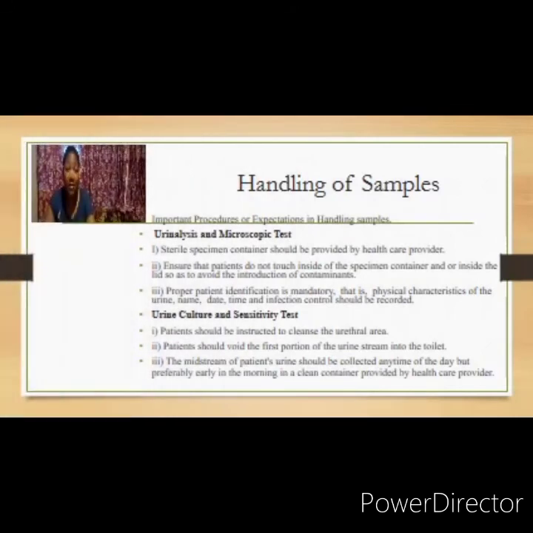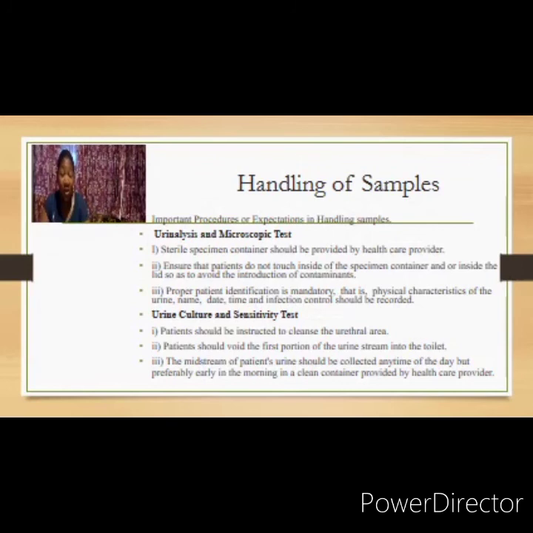Hello everyone, I'm Tamisha Pinnock. I'm from Group 2 and I'll be presenting on the handling of the samples. In order for us to handle the samples, there are some guidelines that we must follow. First, the container should be clean and obtained from your healthcare provider. Also, the urethral area should be clean in order to prevent contamination of the urine specimen.